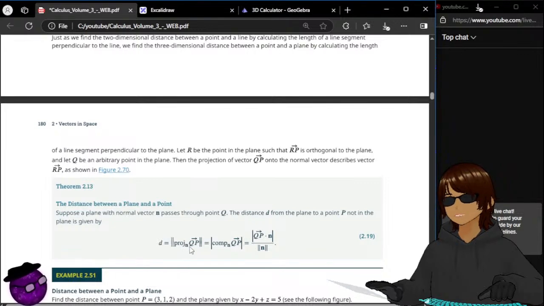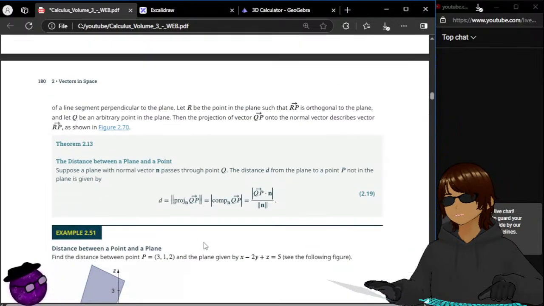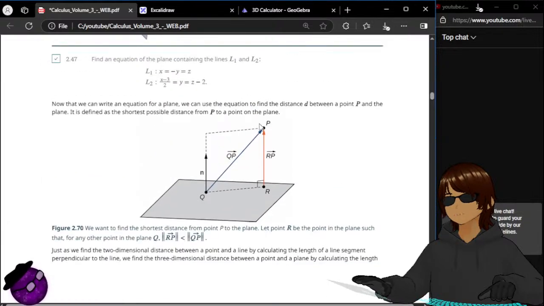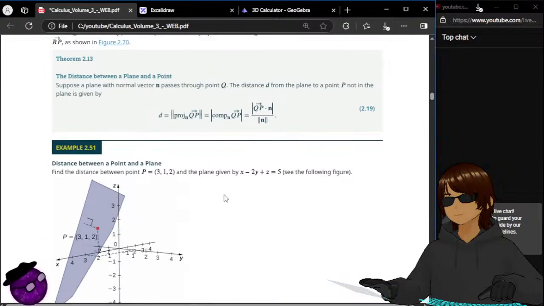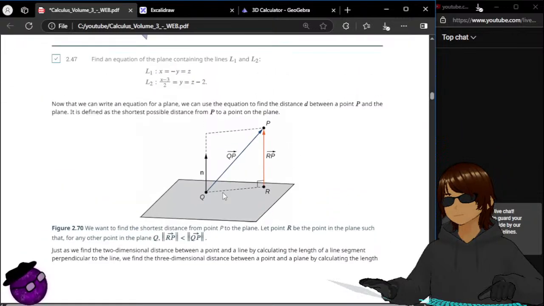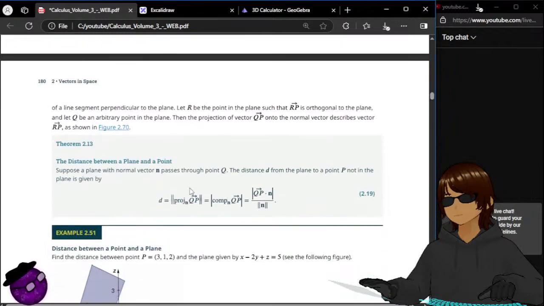Projection of QP onto n. Oh, I see. So this distance. Okay.